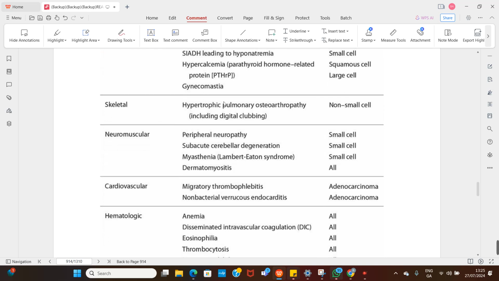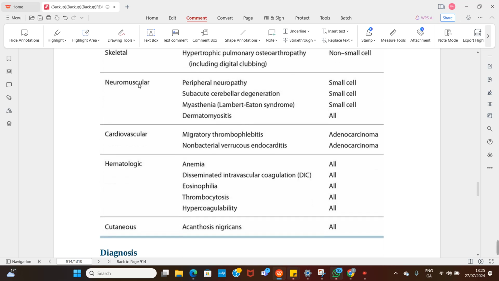The skeletal hypertrophic osteoarthropathy, we've said this for the non-small cell, particularly which one? Anybody remembers? Hypertrophic pulmonary osteoarthropathy. Adenocarcinoma. So the neuromuscular, just think about small cell. The one that causes the neuro, just like I've said: cerebral degeneration, paraneoplastic encephalitis, paraneoplastic myelitis, Lambert-Eaton, think about small cell.